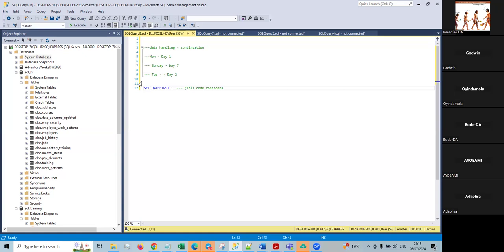But let's see how we can use it. So when we set datefirst as 1, we are saying that we are counting from Monday as day 1, and then we can follow that up with our select statement. You know, we did dateparts, datename and co. So let's see what we will get if we do a DATEPART for this.